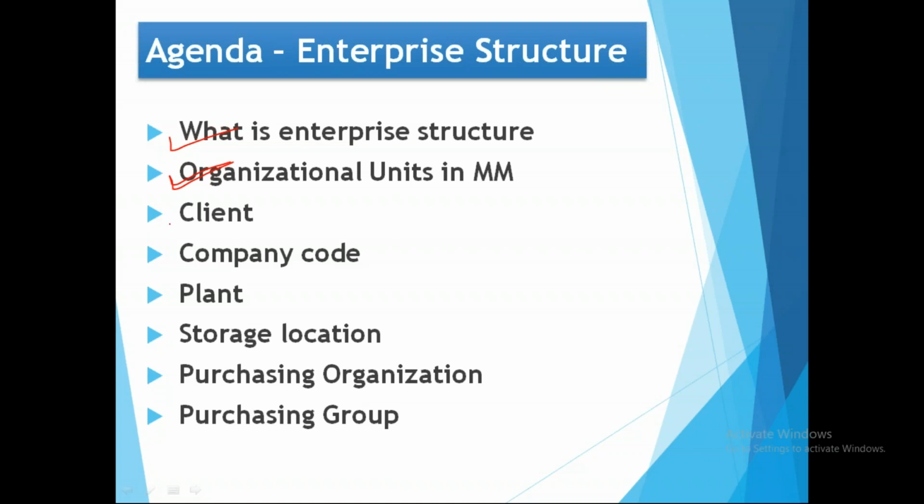So we will see what is client, what is company code, what is plant, what is storage location, what is the purchase organization, and then what is purchasing group. So we will understand the organizational objects with respect to purchasing, the materials management module.